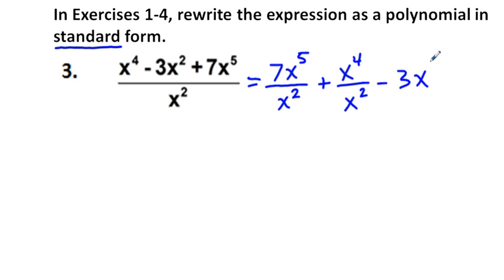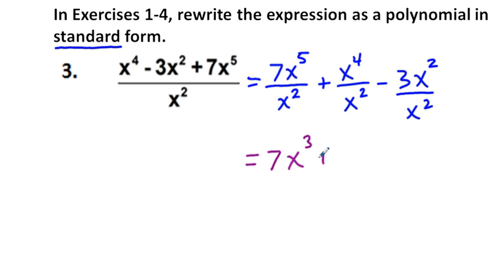3x squared over x squared. And to work it out, we have x to the 5th divided by x squared. That's going to be 5 minus 2 is 3, so we're going to have 7x cubed.